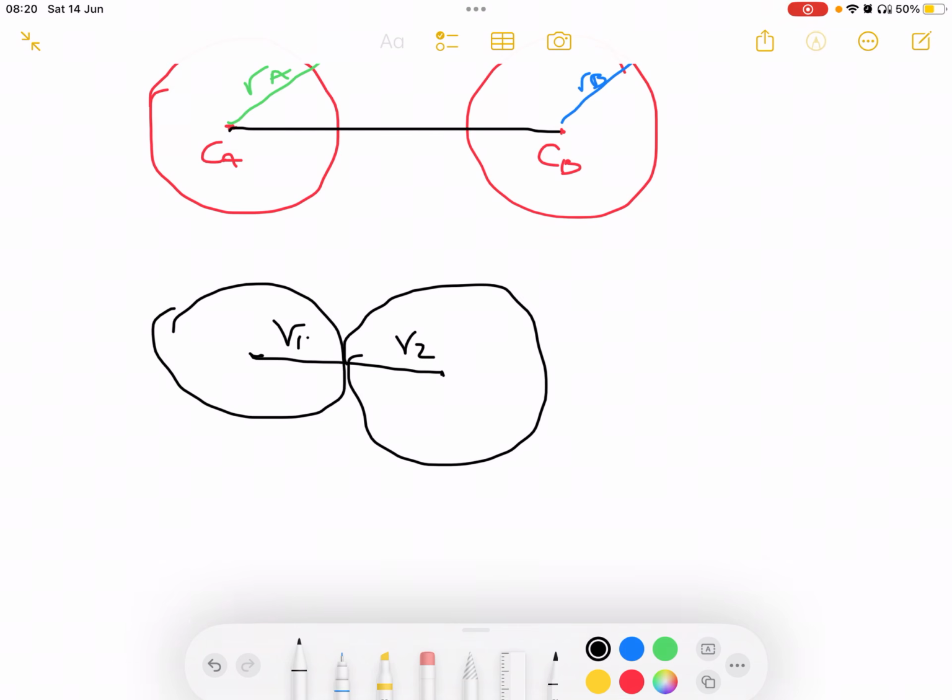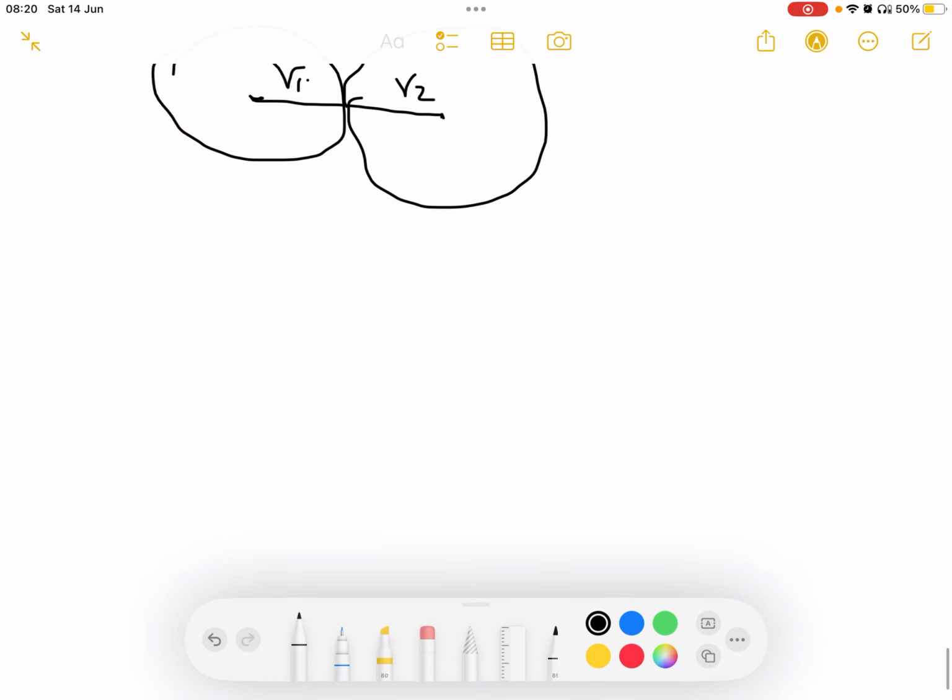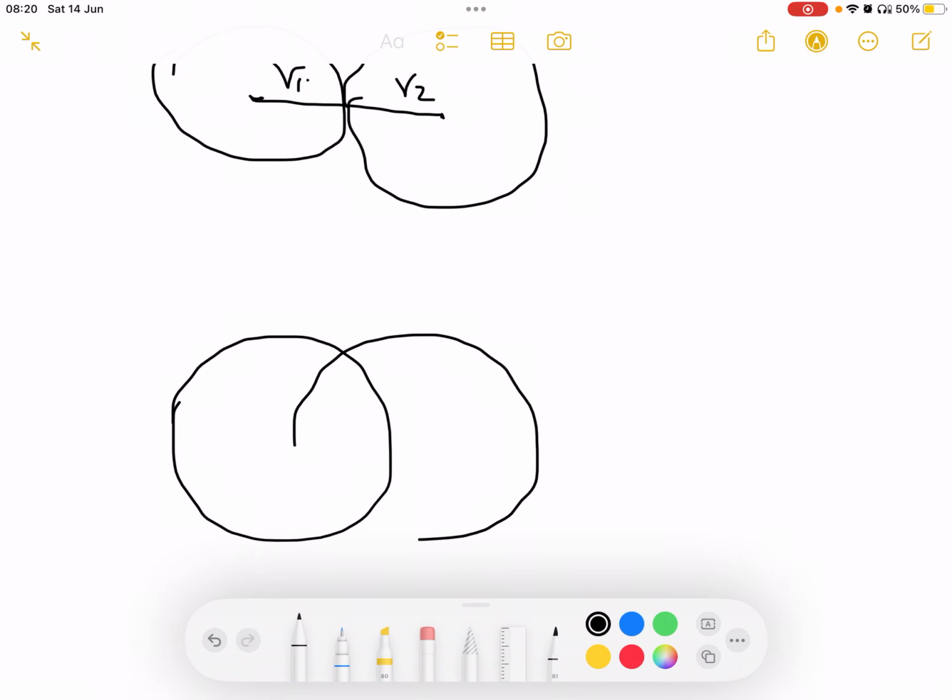But if they are intersecting, if this circle intersects with this circle, this means that the radius here and the radius here, their sum will be greater. So radius A plus radius B should be greater than the distance between their centers.